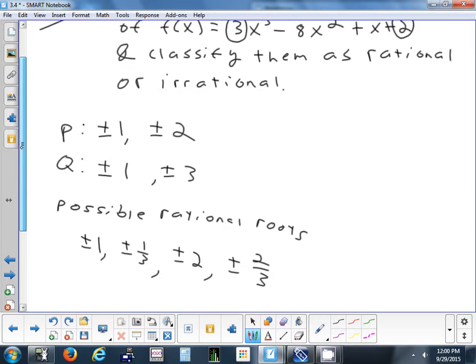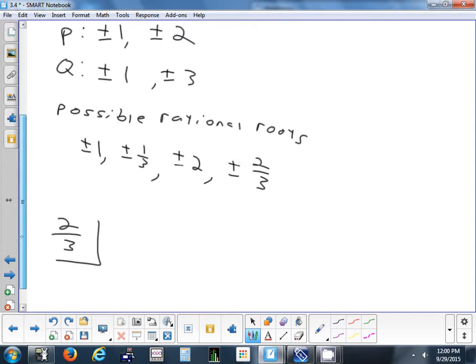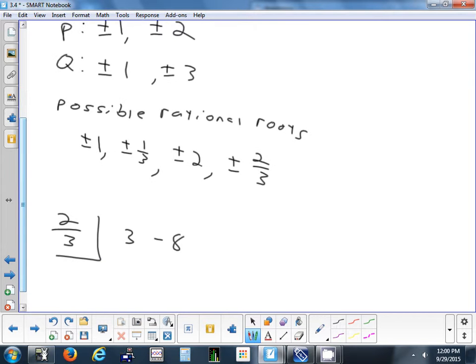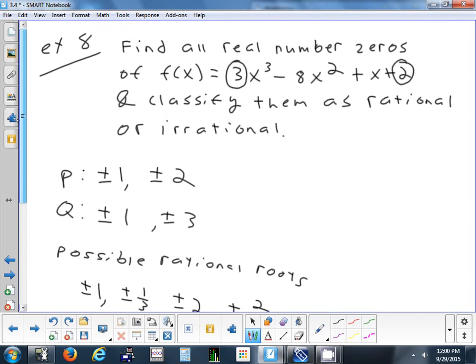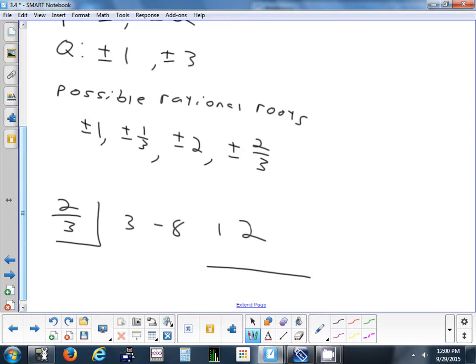Let's take 2/3 and divide it in. So we got 3, -8, 1, 2. Bring down my 3. 2/3 times 3 is 2. -8 plus 2 is -6.